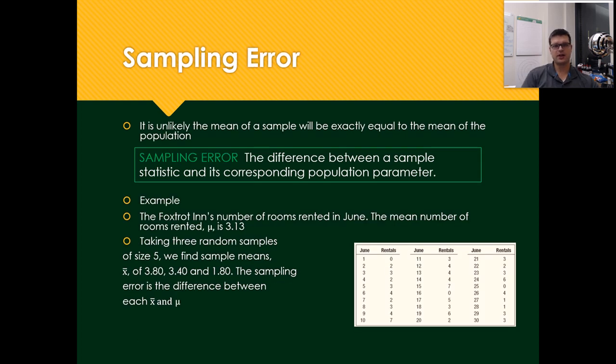All right, so here is another really important term that y'all need to know inside and out, and that is sampling error. Sampling error is the difference between a sample statistic and its corresponding population parameter.